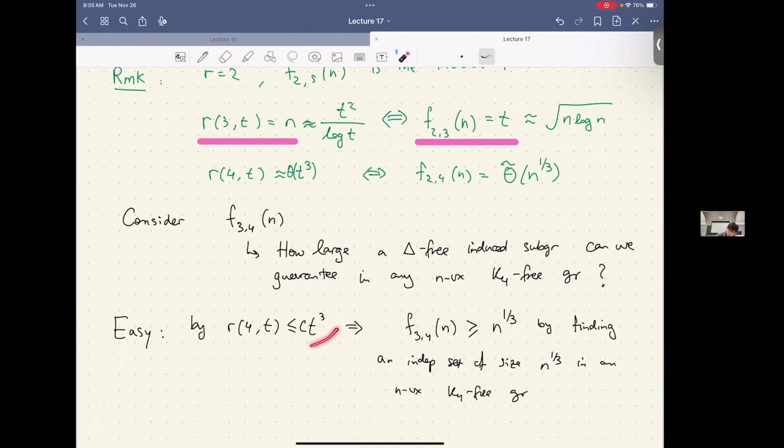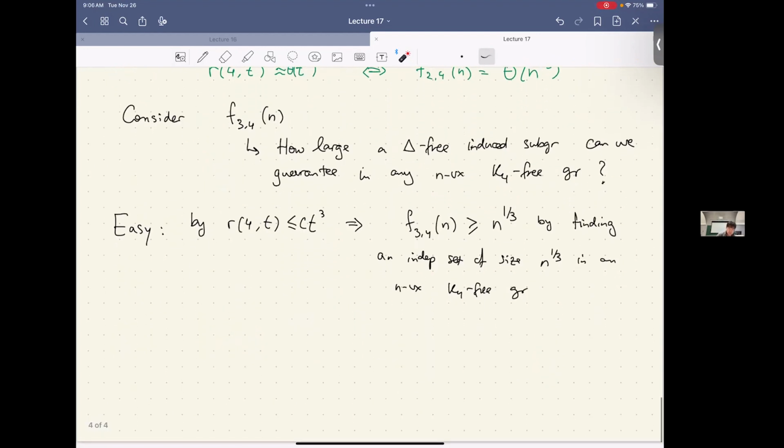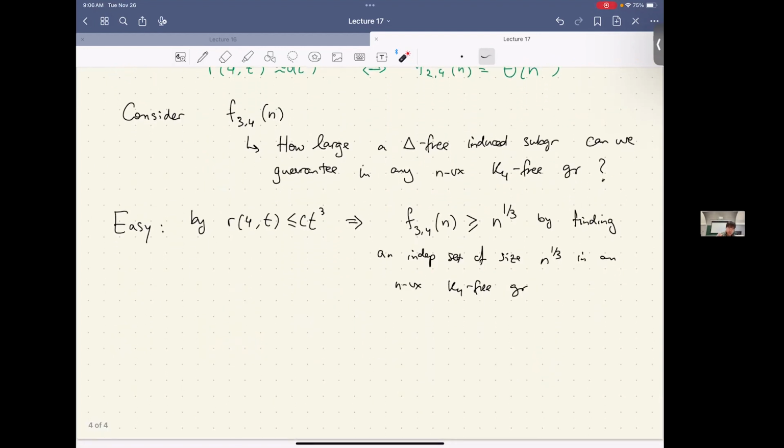What does this mean? Once again, every n vertex K4 free graph has an independent set of size n to the 1/3. And this independent set definitely is also triangle free. So we get n to the 1/3 as a lower bound. This bound, can we improve it? The answer is yes. There's a simple way to improve it. Let's improve it to roughly square root n. Okay. So now let's prove that.